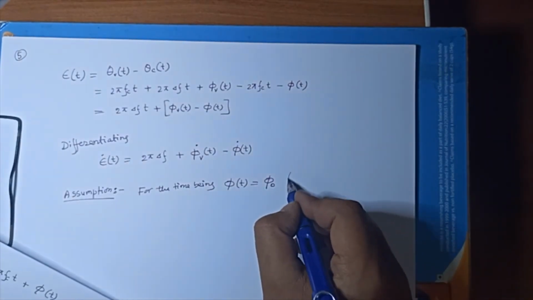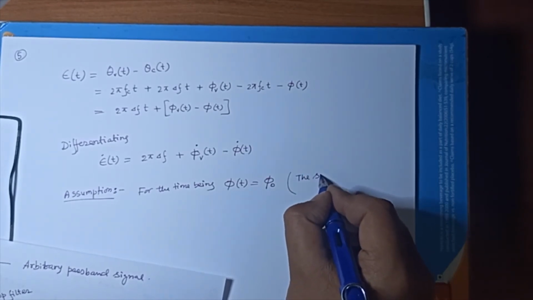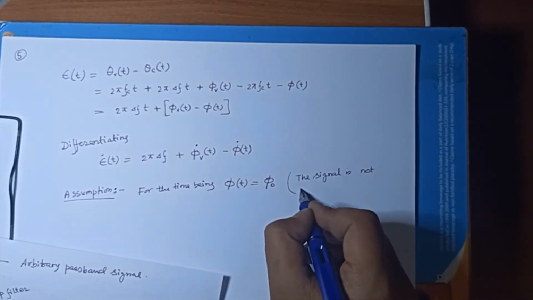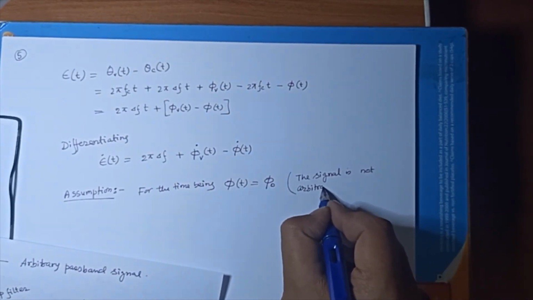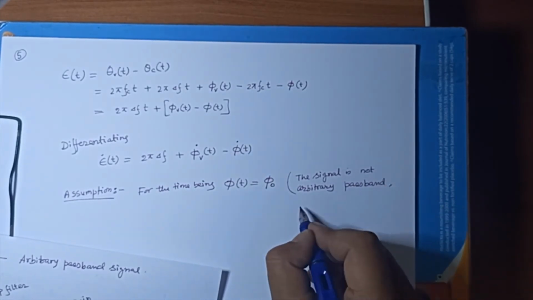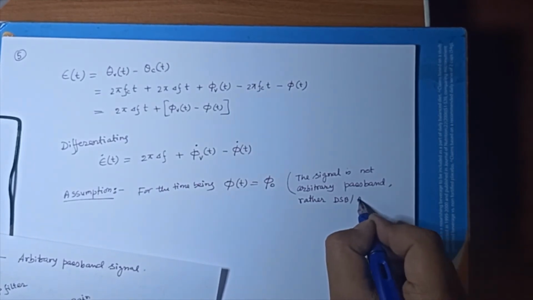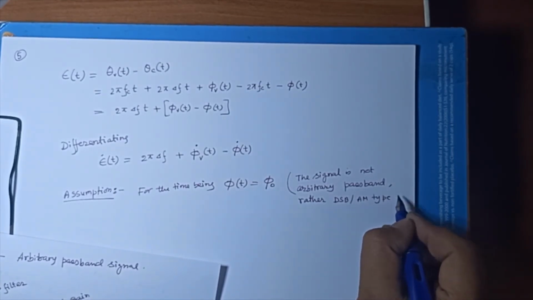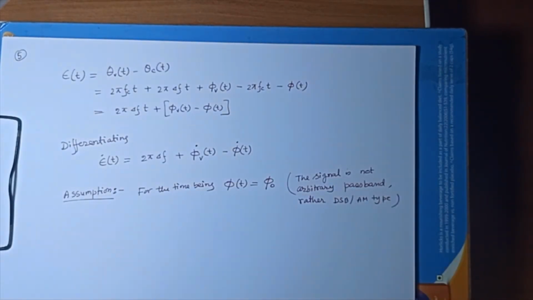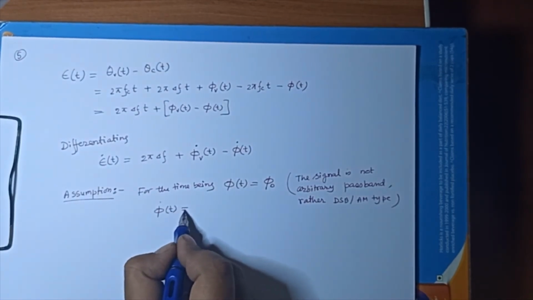This assumption means that the signal is not arbitrary passband, rather it's DSB type, or amplitude modulation type. Your QAM is also DSB type, so that matches with our digital communication expectation. Okay, so then your phi dot(t) is equal to 0.